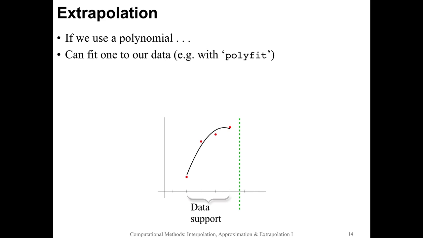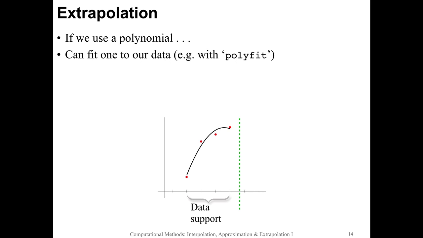So if we use a polynomial, we can fit one to our data in the same way that we did for approximation. In other words, we can call a function like the polyfit function in MATLAB, and that will provide us with a polynomial that we can approximate our data with.